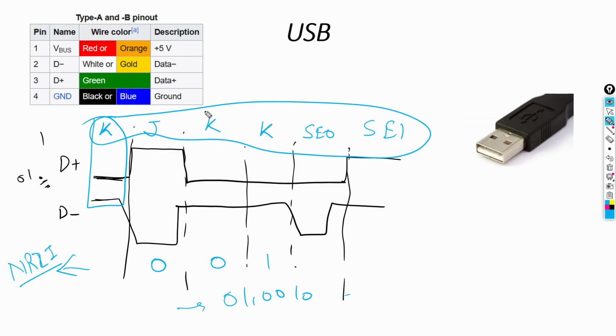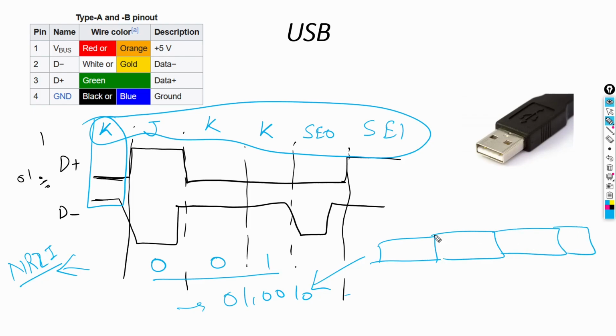And basically this state represents the values. This is the value of the bits. Now what these bits indicate: we'll fragment them into bytes, multiple bytes. Let's say this is sync, this is my PID, this is my address. This set of bits represents this, and a collection of these is known as a transfer.